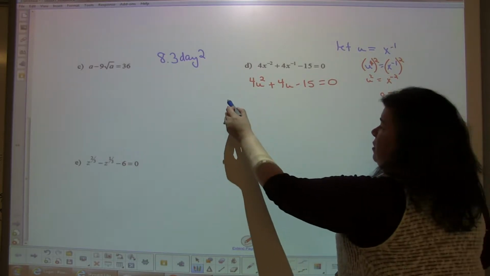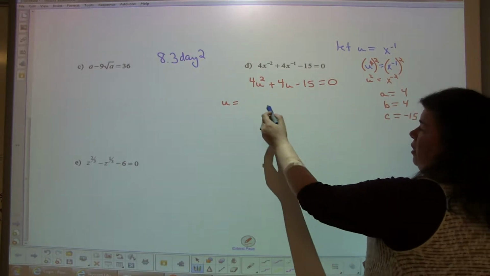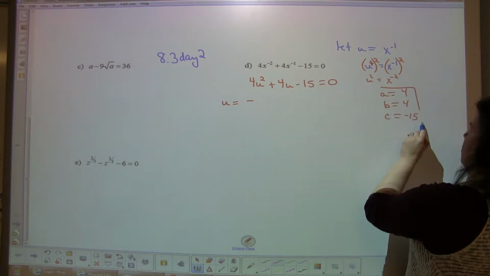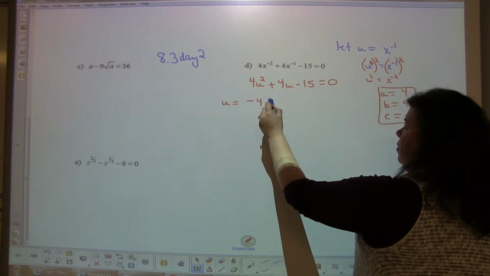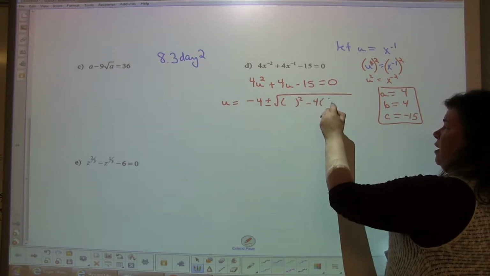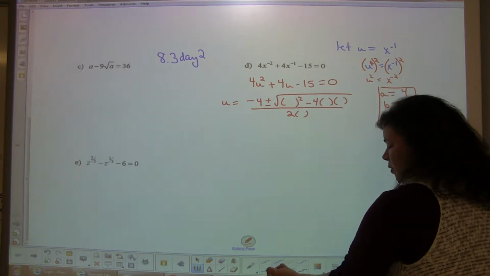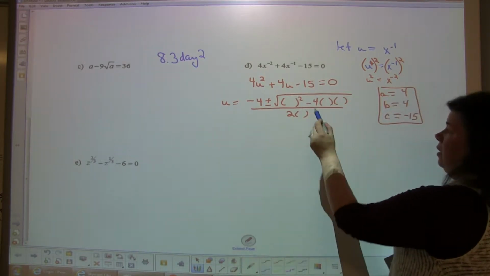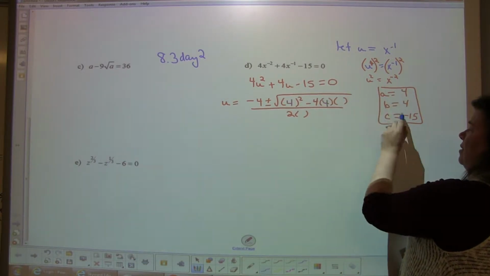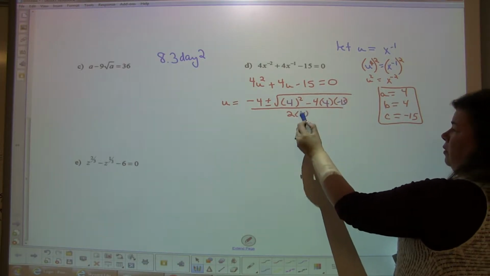So right now we're going to solve for u, using the quadratic formula: opposite of b. So we're going to use the opposite of 4, plus and minus the square root of b squared minus 4 times a times c, all over 2 times a. If we substitute in, b here is 4, a is 4, and c is negative 15, all over 2 times 4.